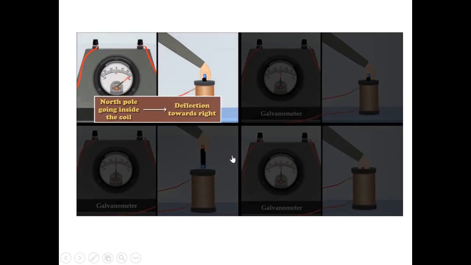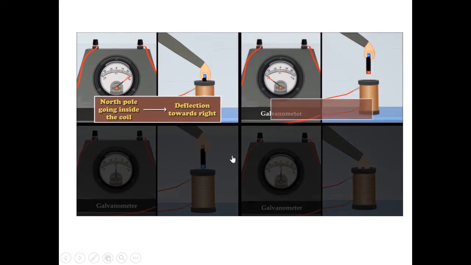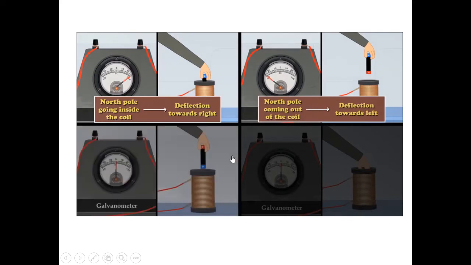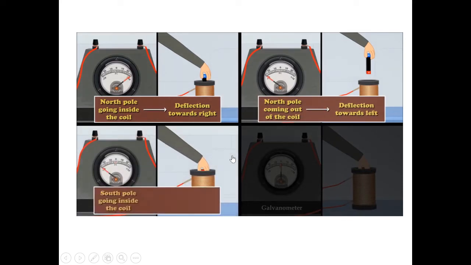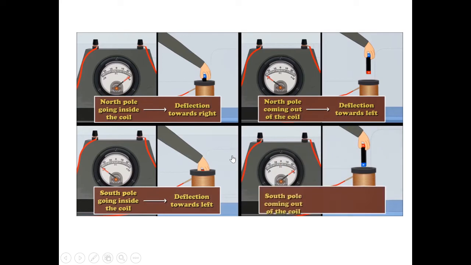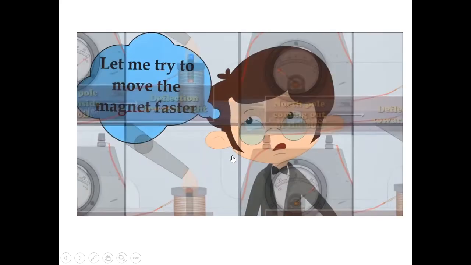North pole going inside the coil, deflection towards the right. North pole coming out of the coil, deflection towards the left. South pole going inside the coil, deflection towards the left. South pole coming out of the coil, deflection towards the right.